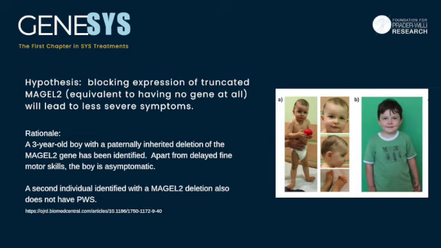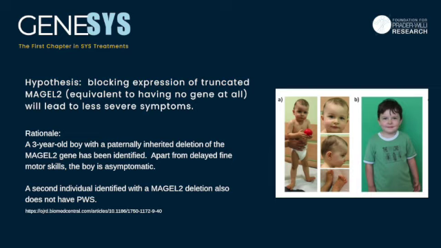So then what can we do about that? Another piece of information that has helped form this project is that there are very rare cases of individuals who are just completely missing the MAGEL2 gene.